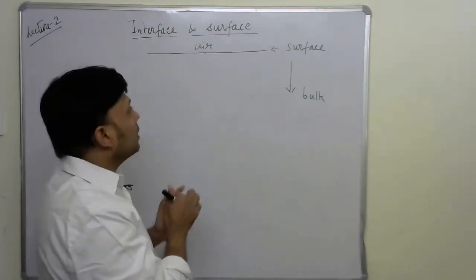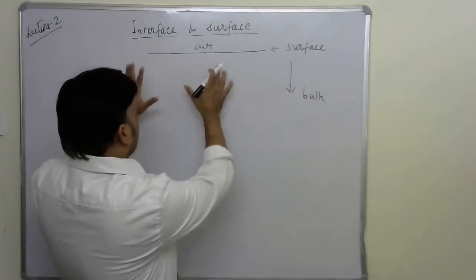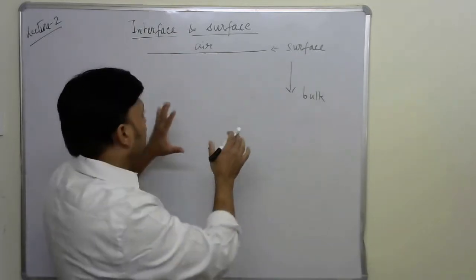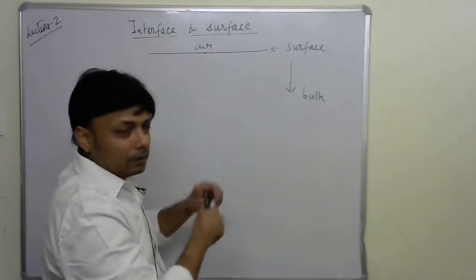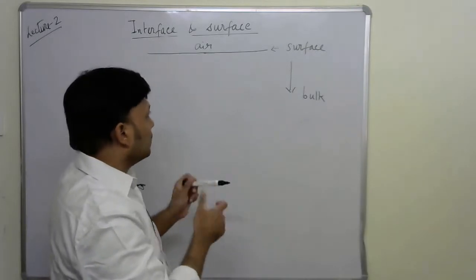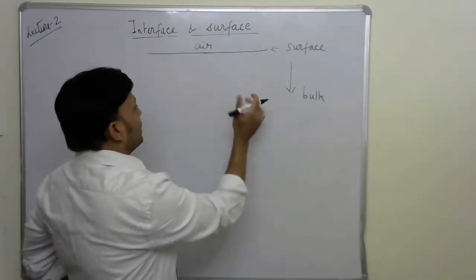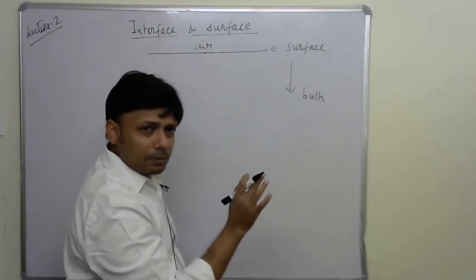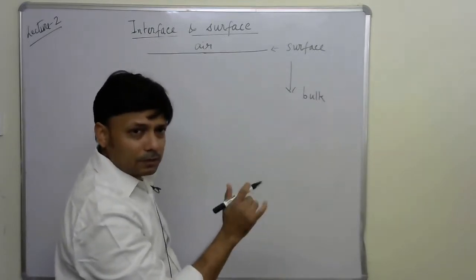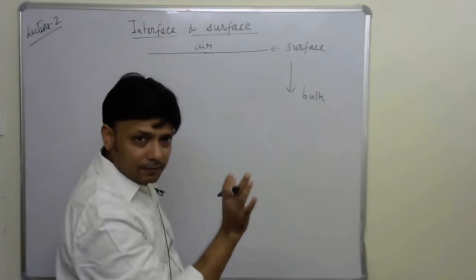Suppose we have a material here. It may be solid or liquid, whatever. Let's call it a substance, maybe solid substance or liquid substance, so a non-gaseous substance.